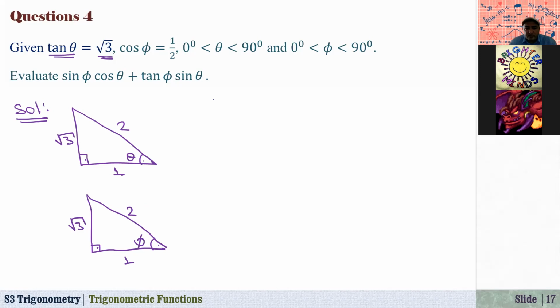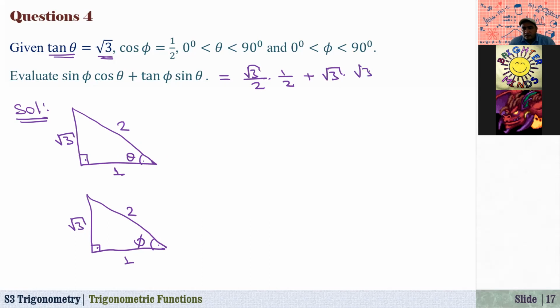So from here then, I can just write here, what is sine of phi? Sine of phi equals square root of 3/2. And cosine of theta, it is 1/2, plus tangent of phi. Tangent of phi is square root of 3/1. That is square root of 3. And how about sine of theta? Sine of theta is the first one, right?